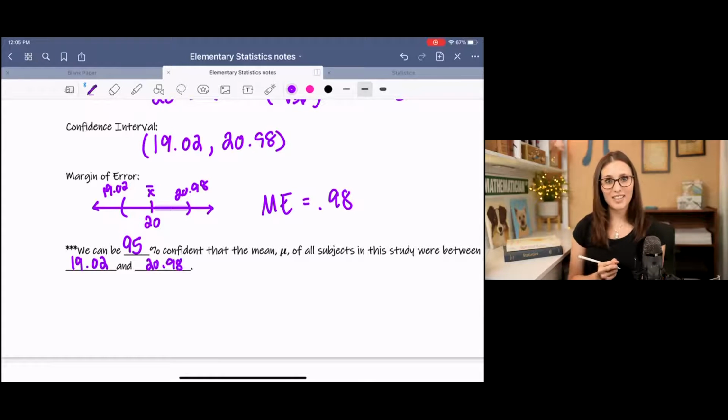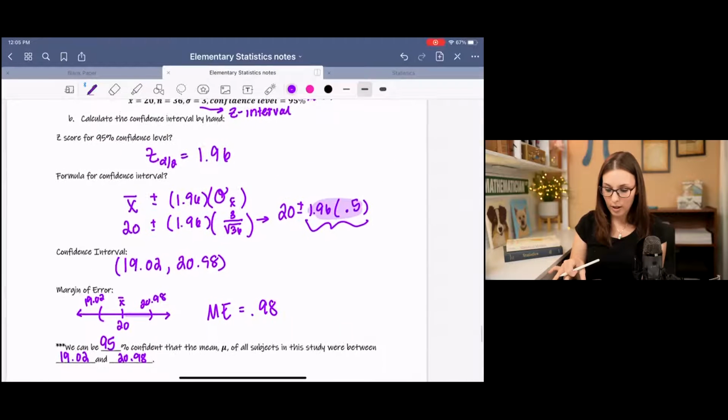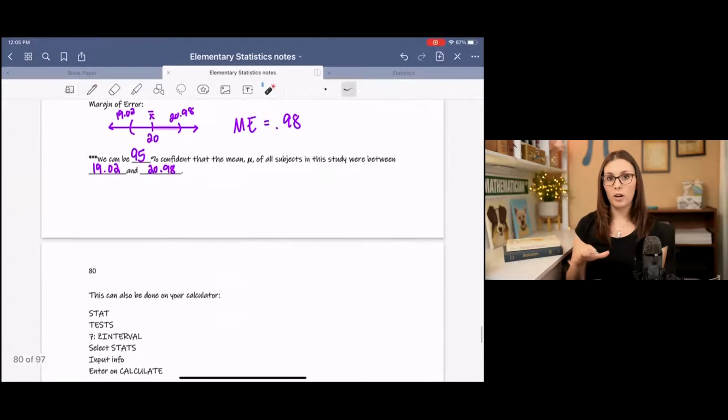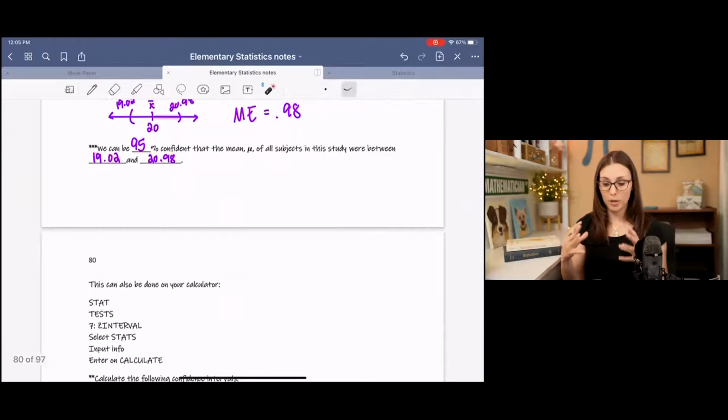And that's all you have to do. It literally gives you everything you need in this piece here, except for the z-score and the adjusted standard deviation. That's all. So simple.